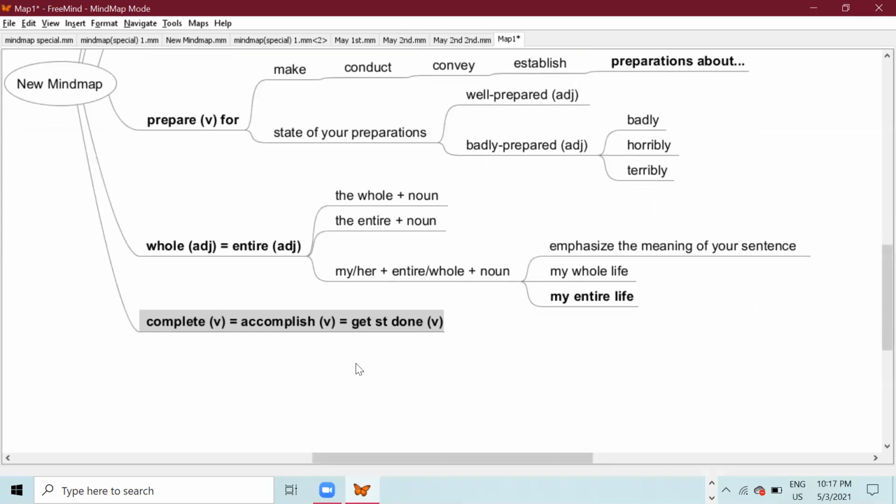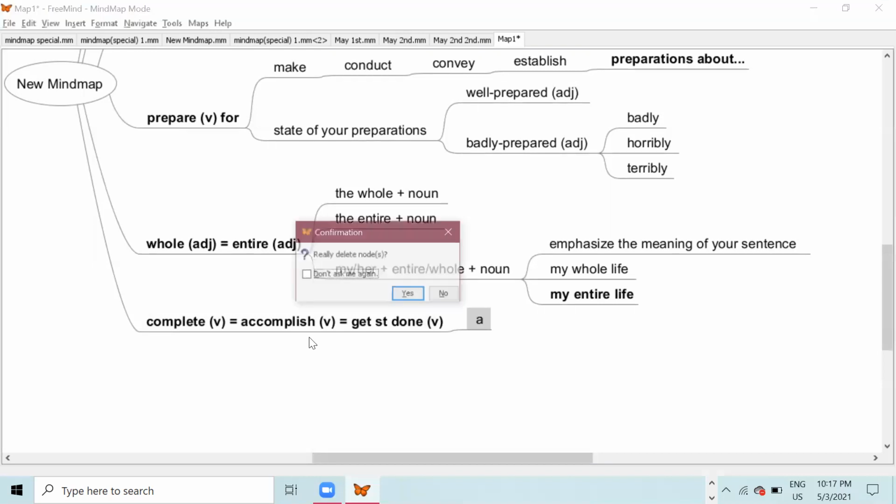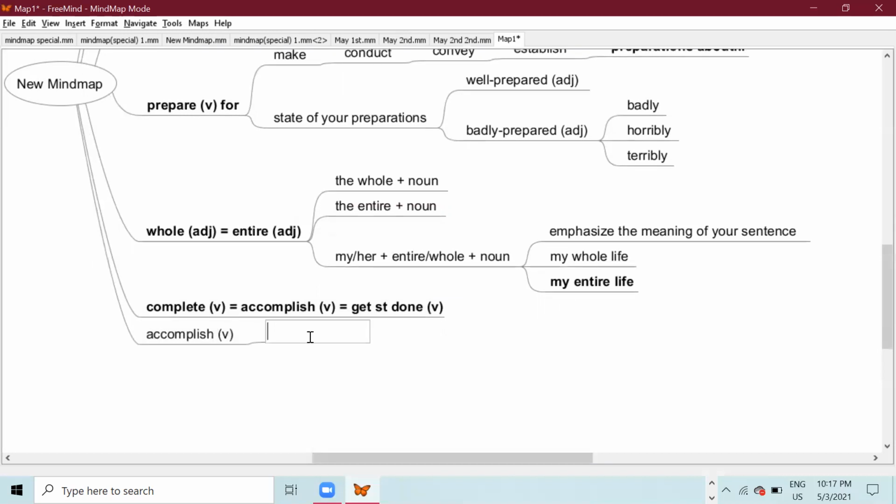And please do not confuse the word accomplish here with achieve. We have two kinds of the verb accomplish. The very first one, you think of accomplish the same as the word achieve.